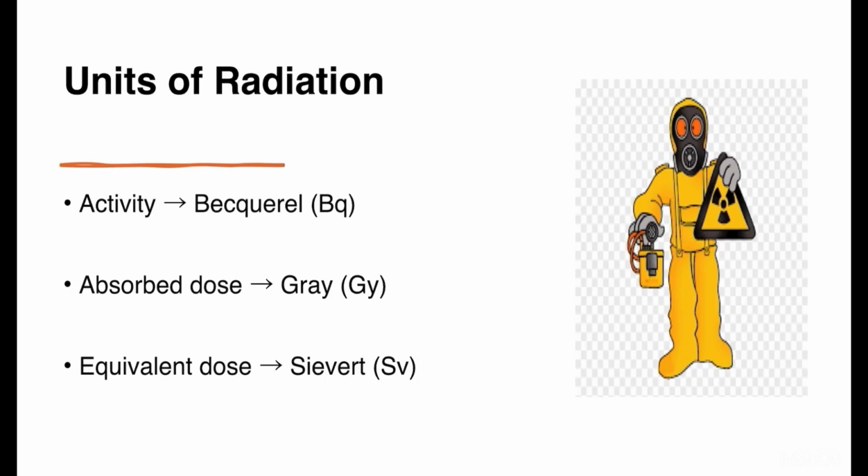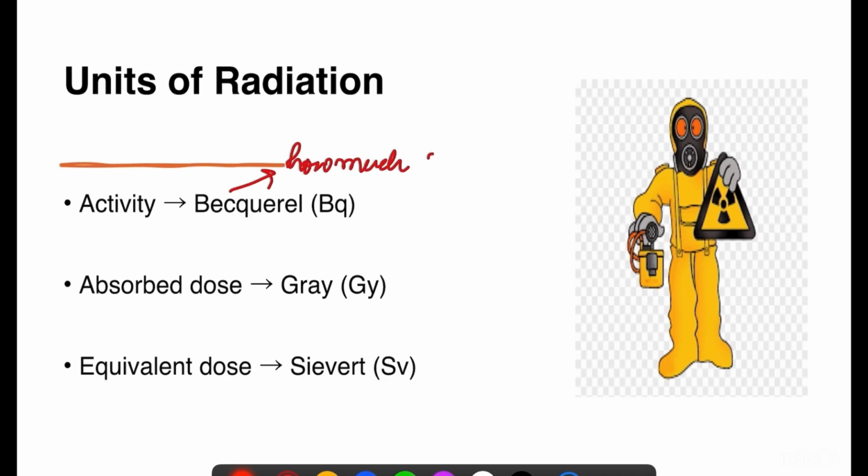The radioactivity of a material is measured in Becquerel, that measures how much radioactive material is present, and it doesn't tell about how much harm it can cause. The older unit was Curie.